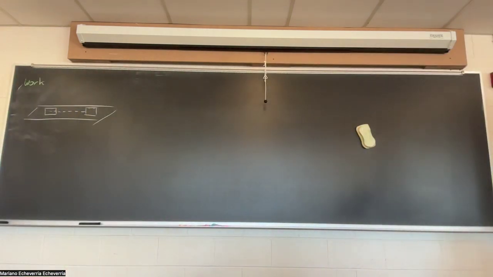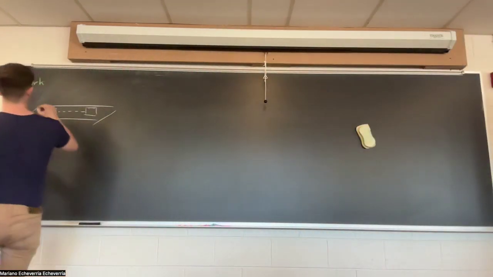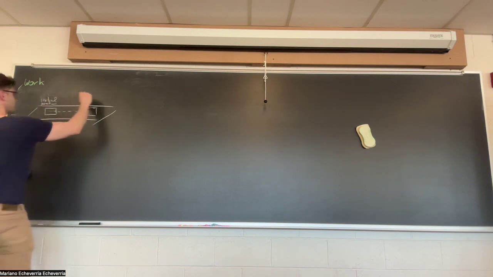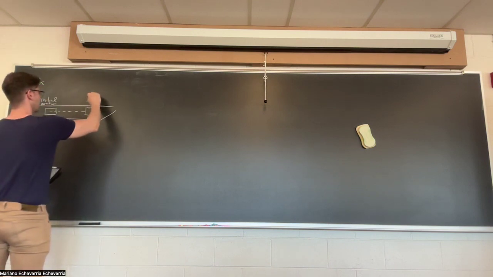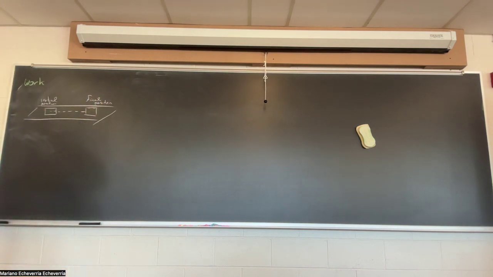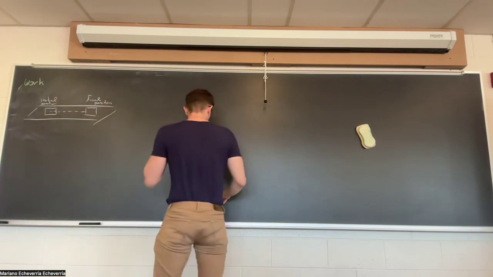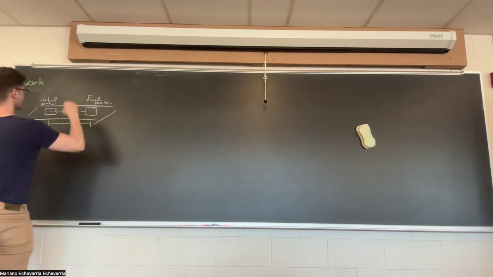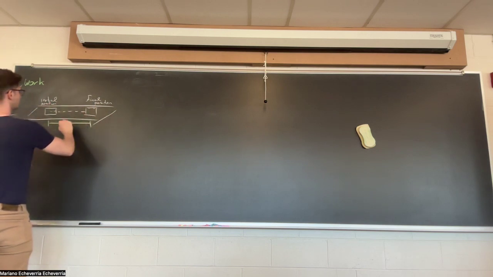This is the initial position, and this is the final position. Let's use the standard units in science. Say the displacement was 5 meters. That's the net displacement.